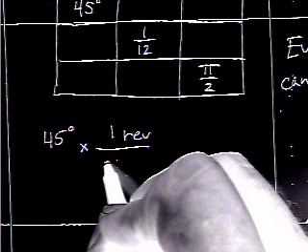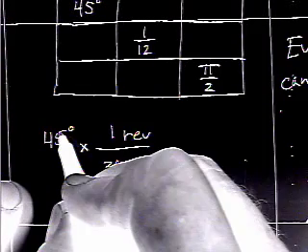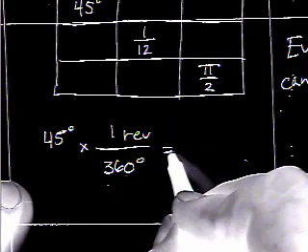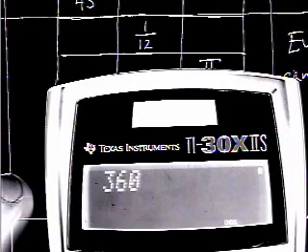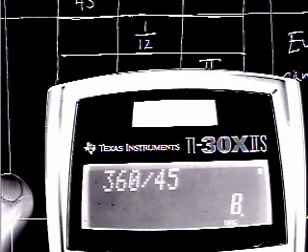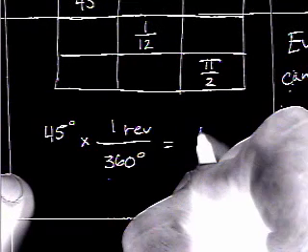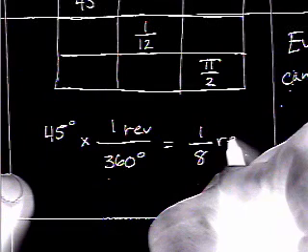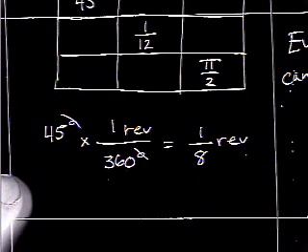So 1 revolution is equal to 360 degrees. We need to reduce that. So 360, 45 happens to go in evenly, nice, 8 times. So this one reduces fairly quickly to 1 out of 8 revolutions. Notice that the degree units canceled out.